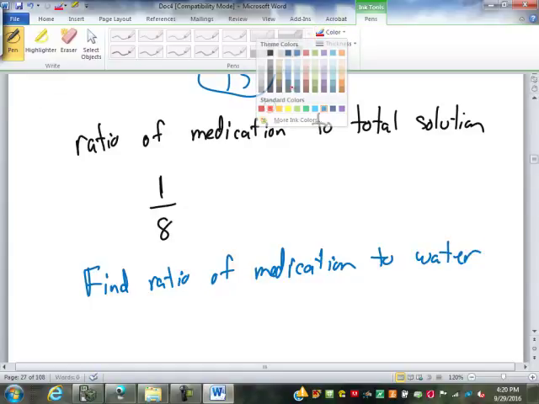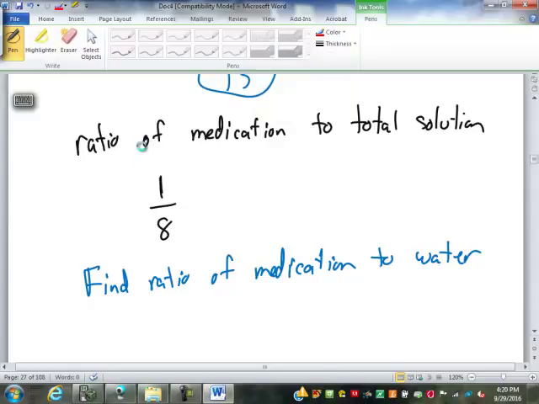Looking at this ratio up here, the ratio of medication to total solution is 1 part out of 8.